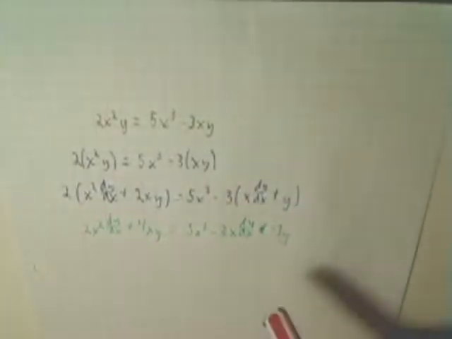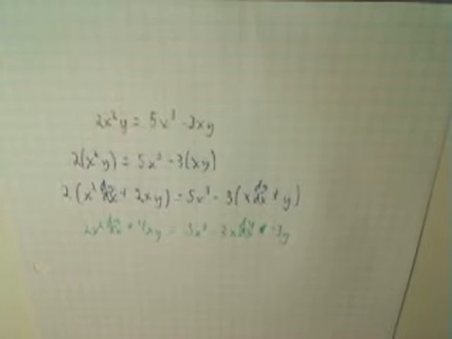What we are left with is 2x squared dy dx plus 4xy equals 5x to the third minus 3x dy dx minus 3y.